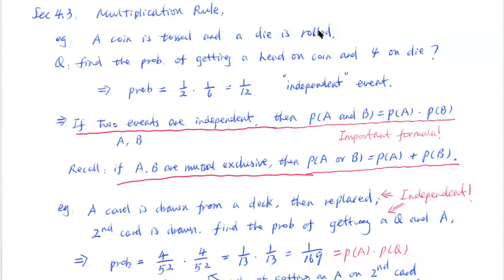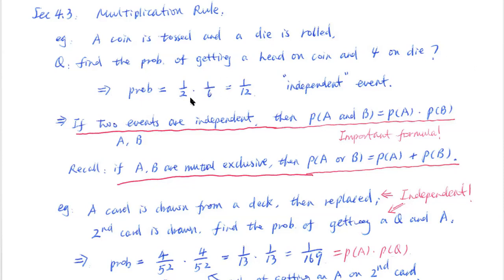And then when we roll a die, what's the probability for us to get a number 4? All the possible outcomes are 1, 2, 3, 4, 5, 6, and number 4 is one of them. So it's 1/6. That's the probability.